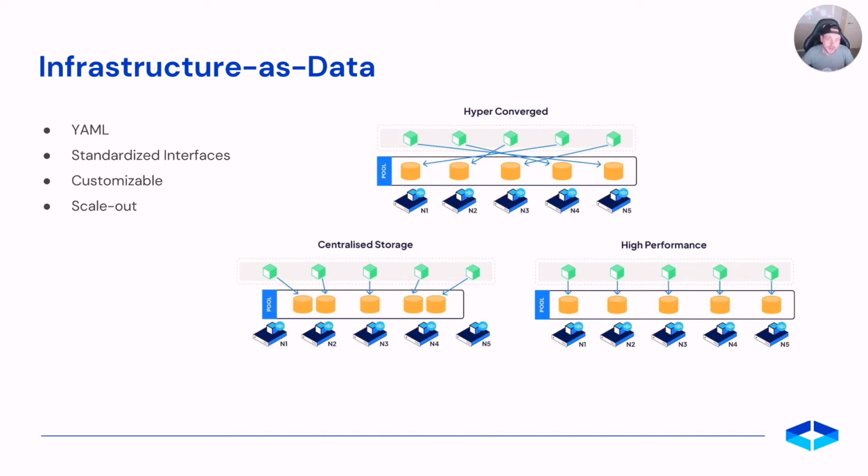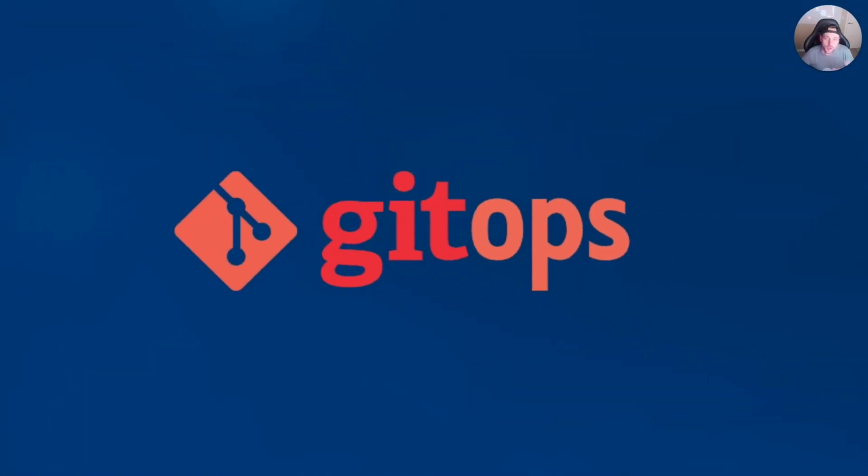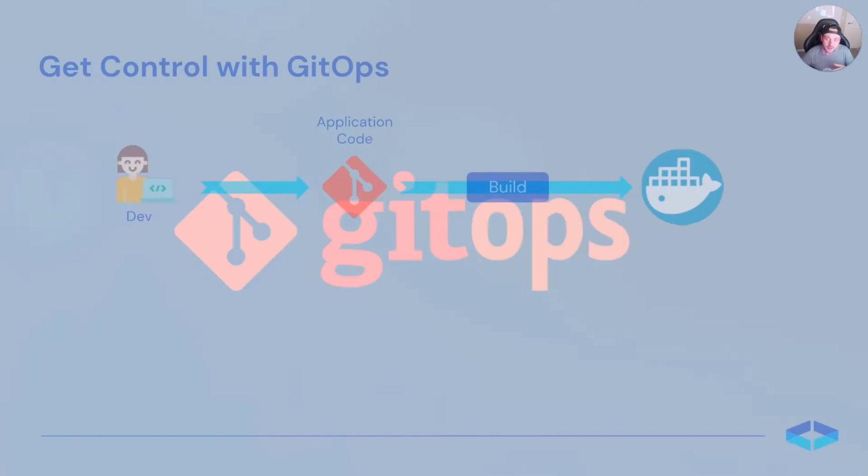Now, another principle that will help you shift left is GitOps, which utilizes Git or any other version control system, really, as the single source of truth for both your application code and your Kubernetes manifest.